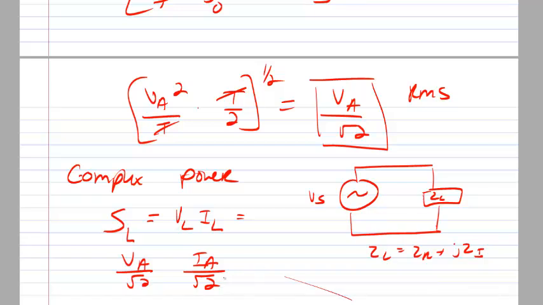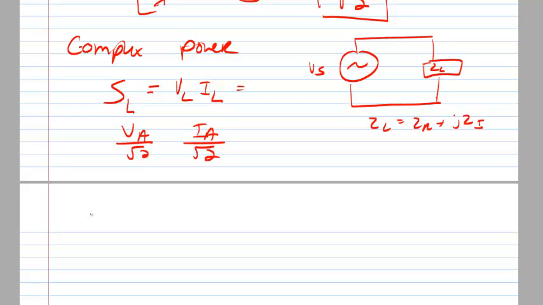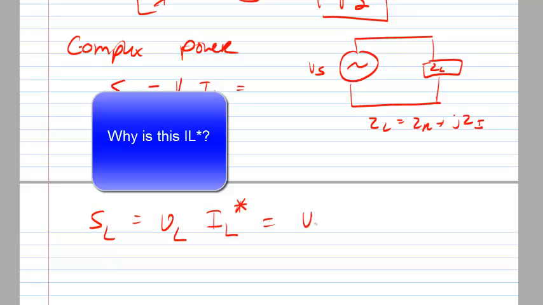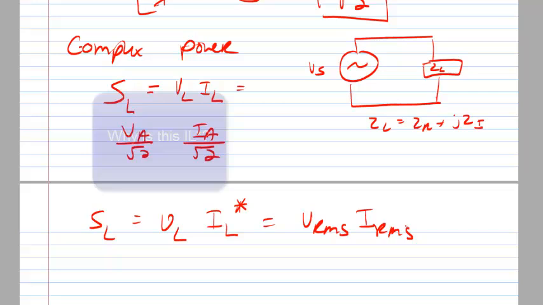So complex power, S, would be VL times IL star, where this is the complex conjugate of the current. So it'll be VRMS times IRMS complex conjugate.